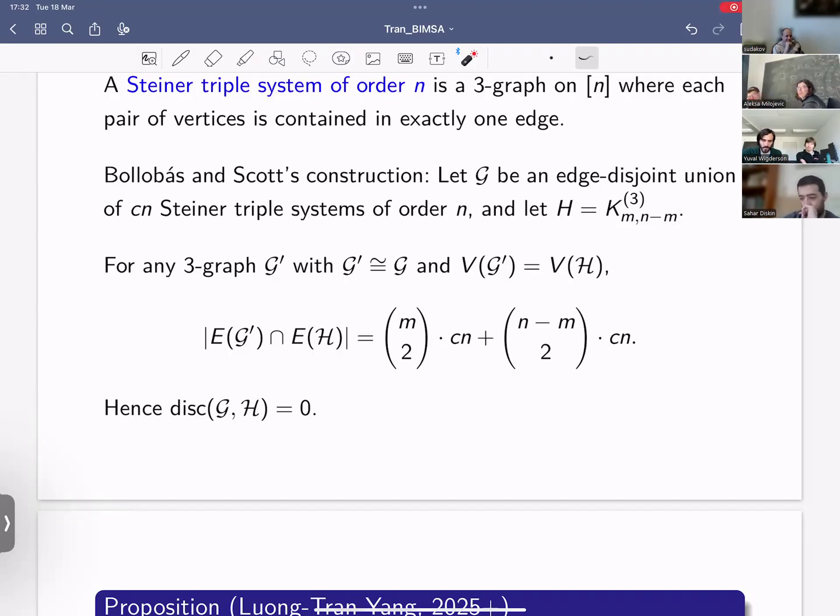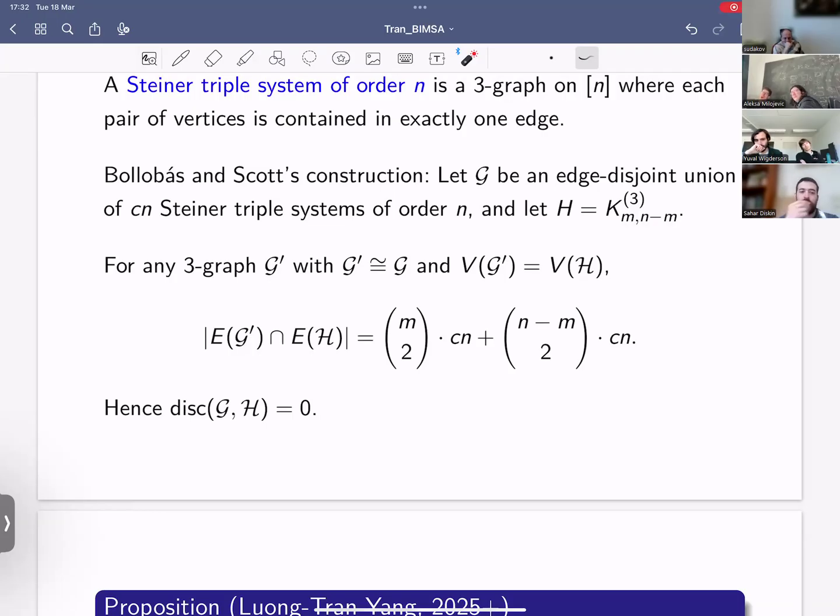So it is dense, because each Steiner triple system has about n squared edges. So Z will have about n cubed edges. So Z is dense, and S is also dense. If m is linear in n, then the number of edges of S is also cubic in n.